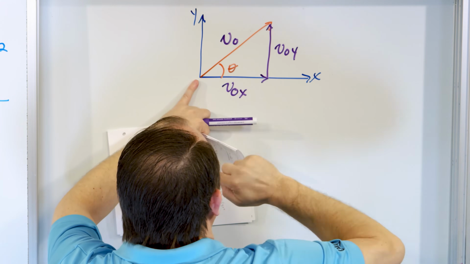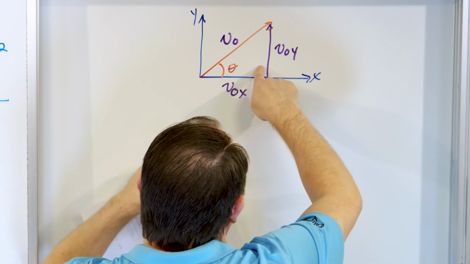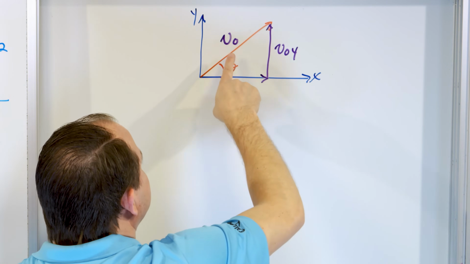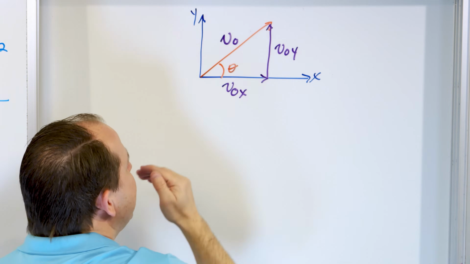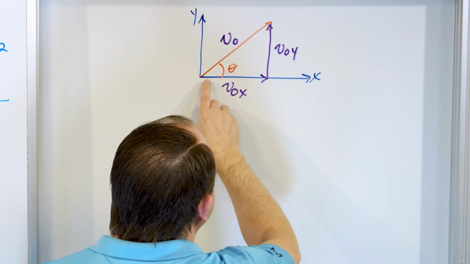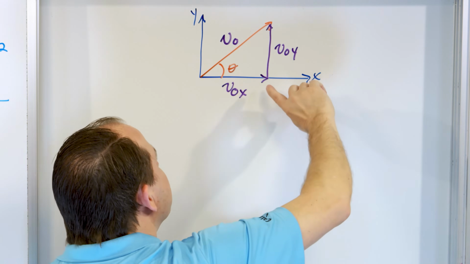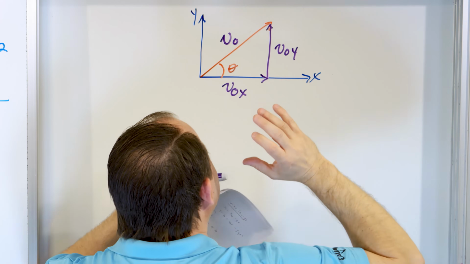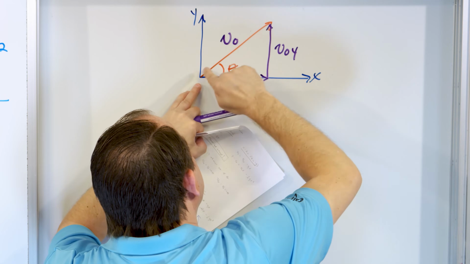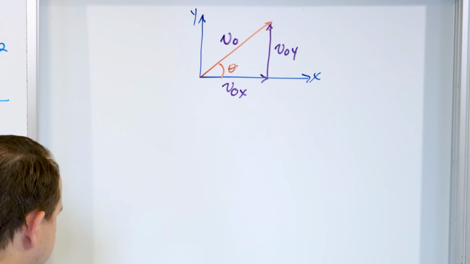And you can see it's a right triangle because this is a 90-degree angle. It's not that literally this is equal to this plus this algebraically. It's just that if you looked at the motion due only to the horizontal and the motion due only to the vertical, then those two velocities together would be the exact same as the velocity acting at this angle theta. That's what's happening right here.